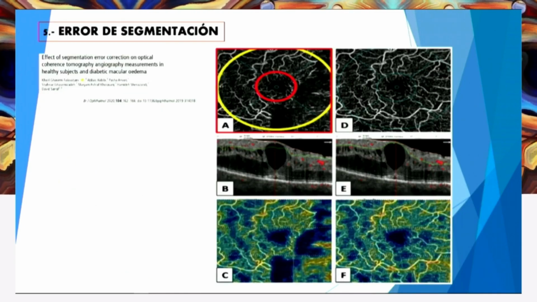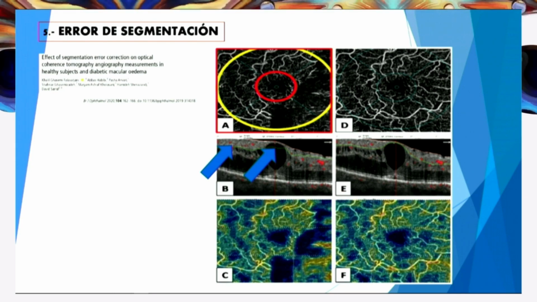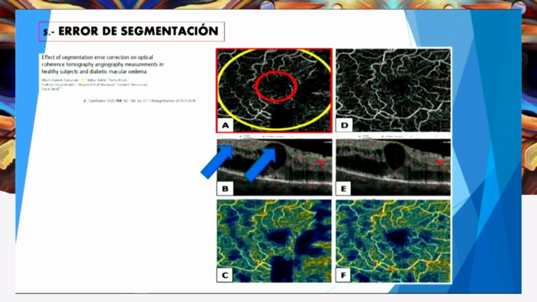So these may trigger segmentation errors. Another example here, you know, the machine is segmenting poorly. It is crossing the center of the cyst. So when we see the angio OCT, we could say that there's lots of ischemic zones. So this segmentation can be corrected manually, and therefore the machine is here, we correct it, we move the lines, we release the cyst, and if you take a closer look, there were not that many ischemic zones on this patient.